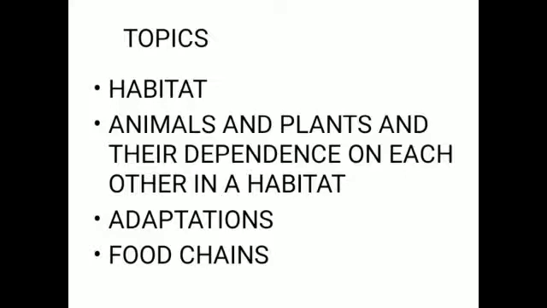In a habitat, plants are dependent on animals and animals are dependent on plants, because both have to survive in the same habitat. Then we studied about adaptations, and the last topic was food chains.